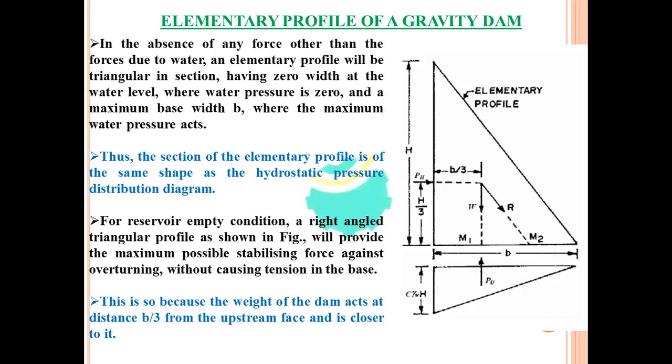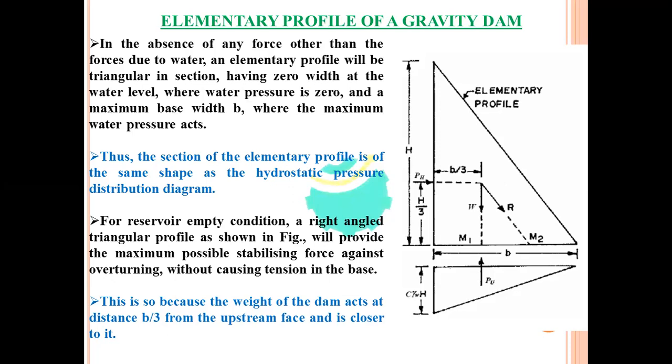First, in the absence of any force other than the forces due to water, an elementary profile will be triangular in section, having zero width at the water level where water pressure is zero, and a maximum base width B where the maximum water pressure acts.